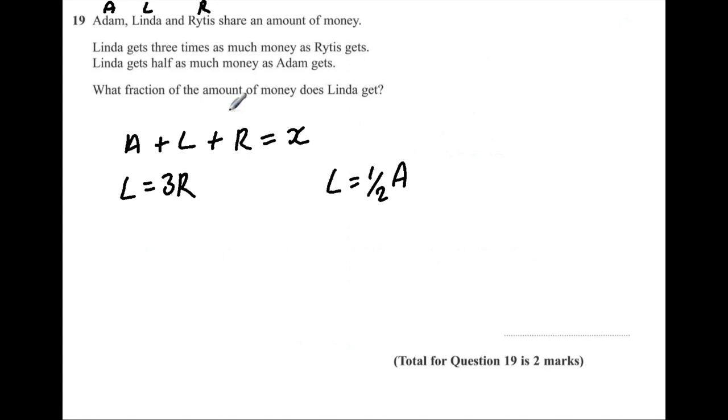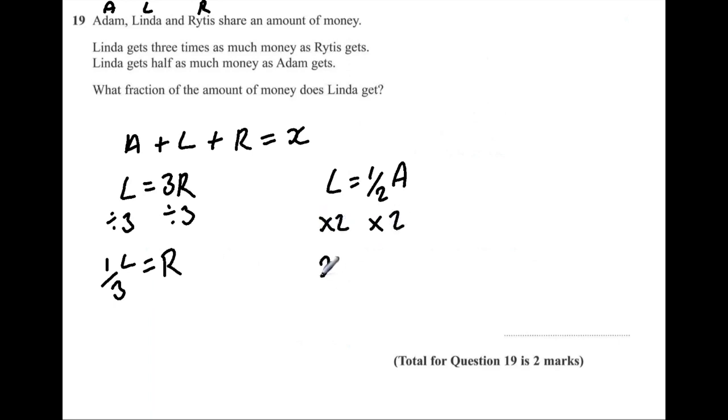Now I'm going to rearrange the equation to make R the subject. So I'm going to divide both sides by 3. So what we should have is a third L is equal to R. And on this side, I'm going to make A the subject by multiplying both sides by 2.